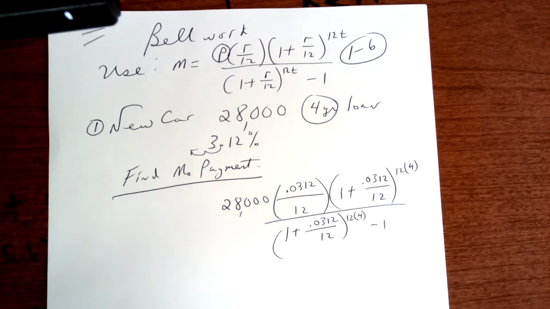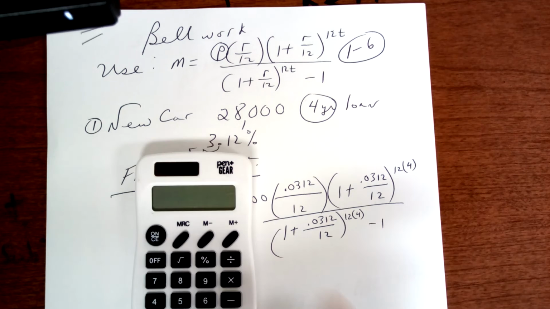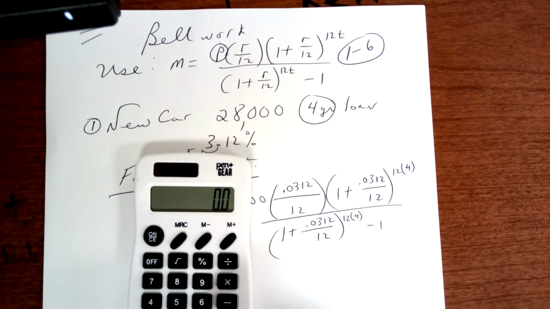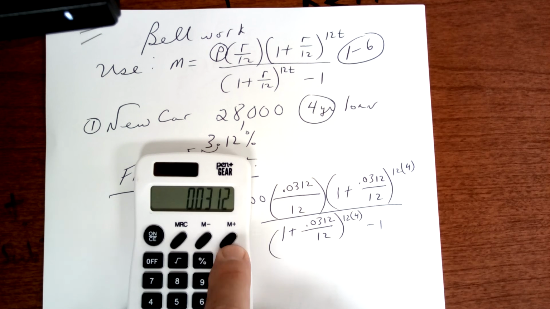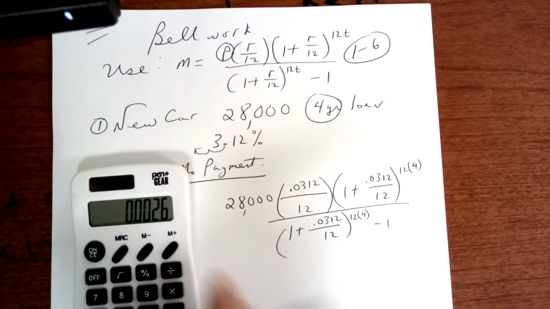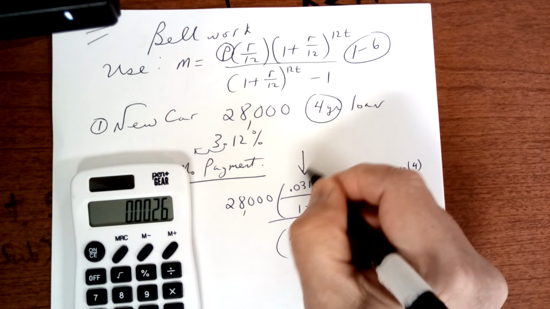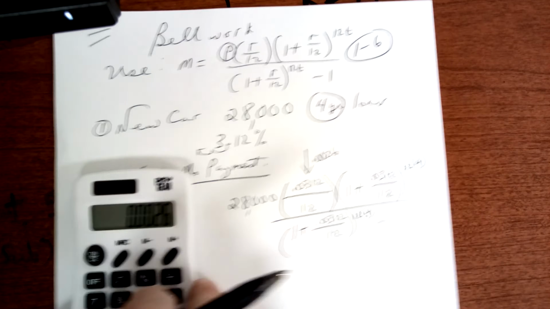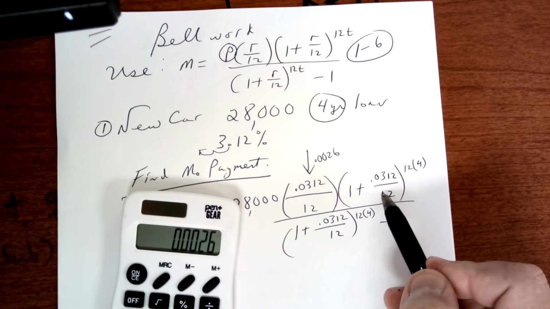So let me simplify a little bit with this calculator. 0.0312 divided by 12 is going to be 0.0026. This piece right here, now you've got to raise it to the 48th power.